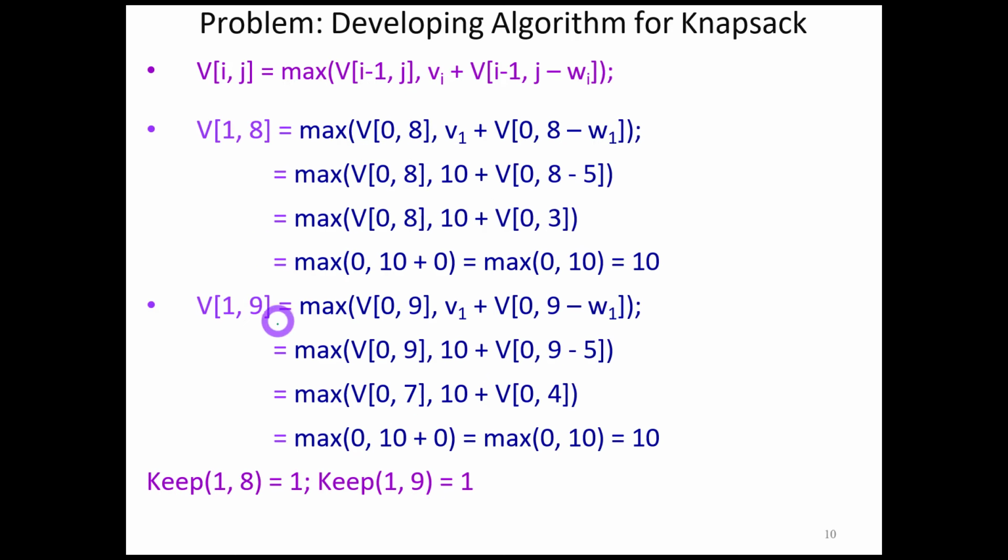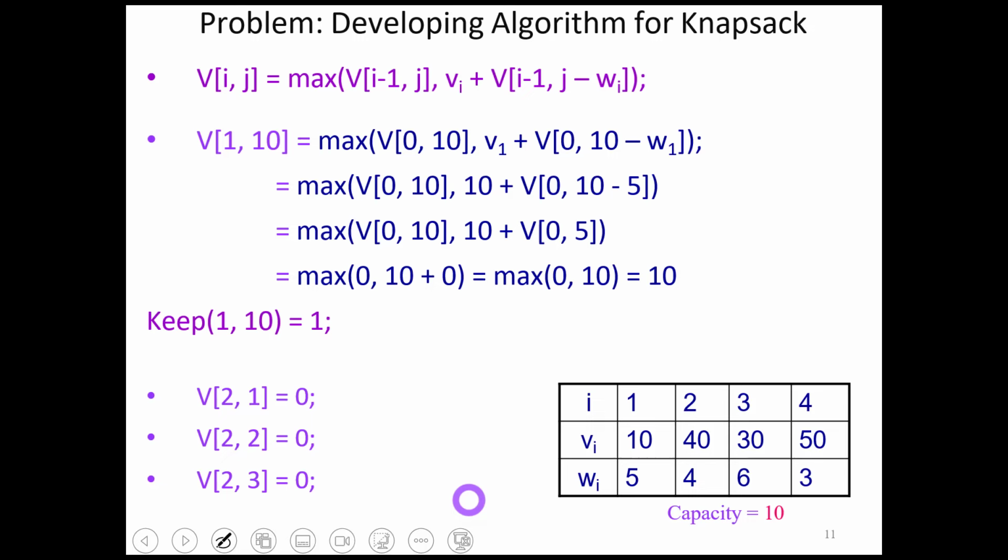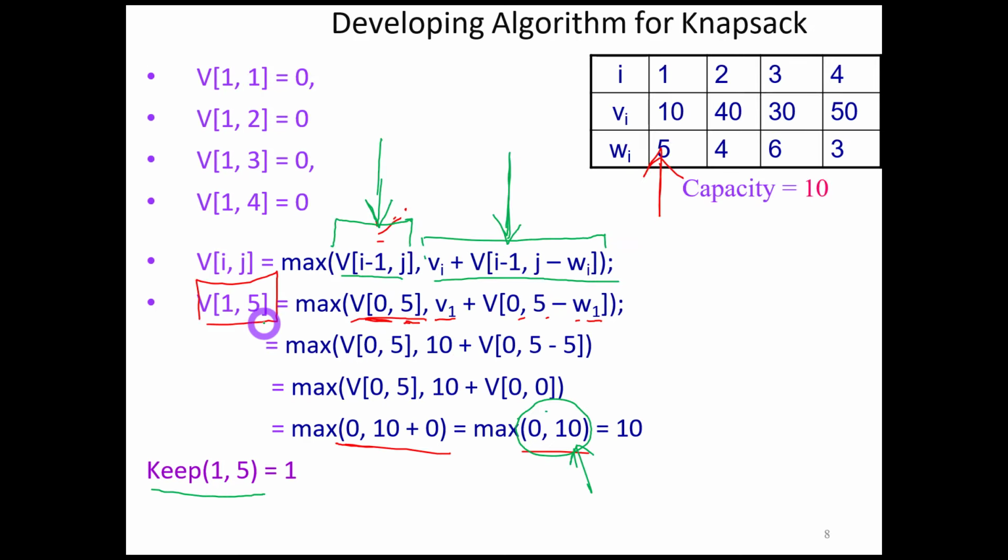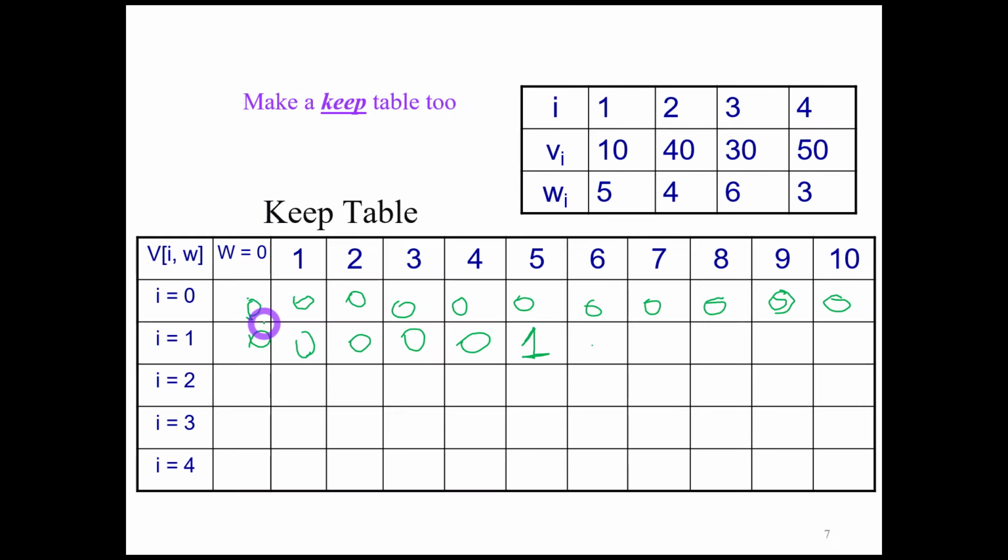Similarly, for 1, 8 and 1, 9, the answer is 10, and we will be keeping I, 8 and I, 9 as 1. And the same is the case for 1, 10. And keep of 1, 10 is also 1. Okay, let me fill in the keep table. So this is 1, this is 1, 1, 1, 1.